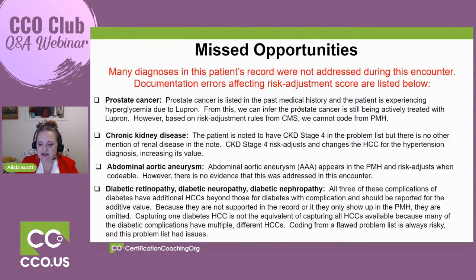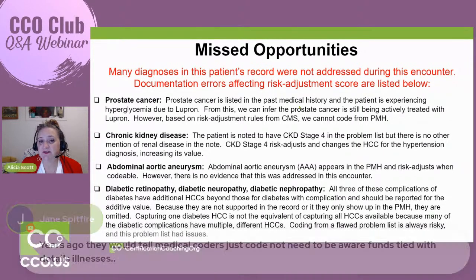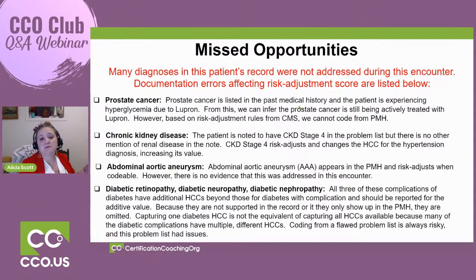Let's see. Jane says, years ago, they would tell medical coders, just code, no need to be aware of the details in the illness. Well, in the past, it didn't really make a difference because it was all on the CPT code and the ICD code. You could throw one in to show medical decision making and that linked and everything. However, that pendulum has swung a long time ago, and now medical decision making, medical necessity is reliant on those ICD codes.